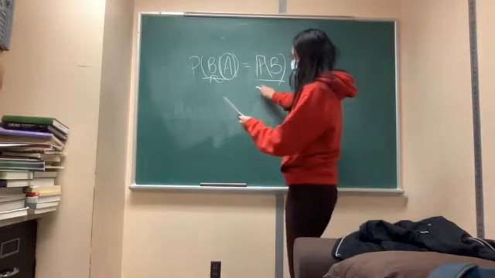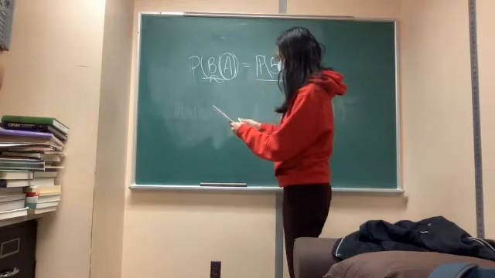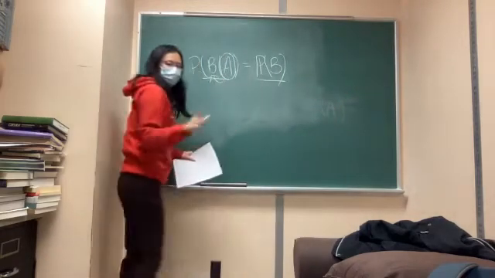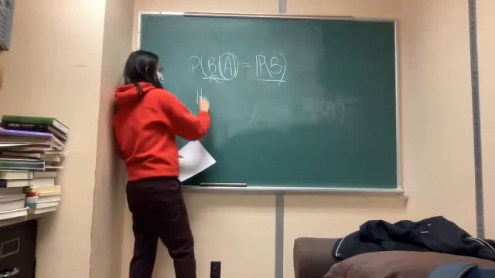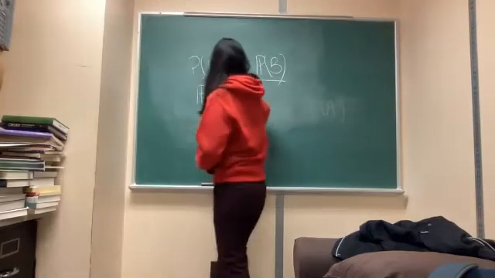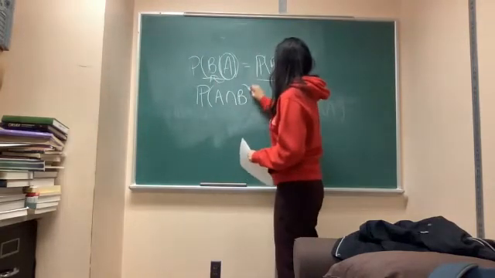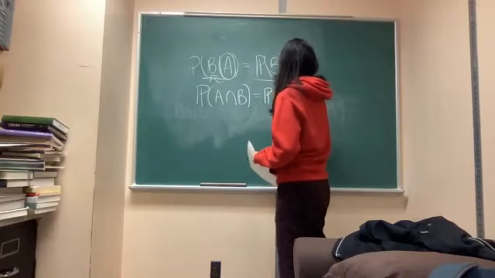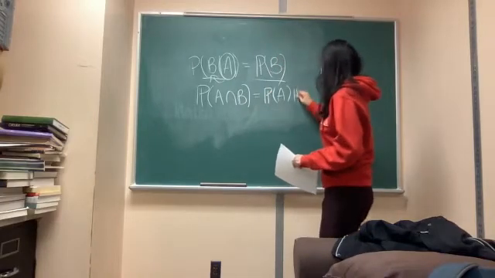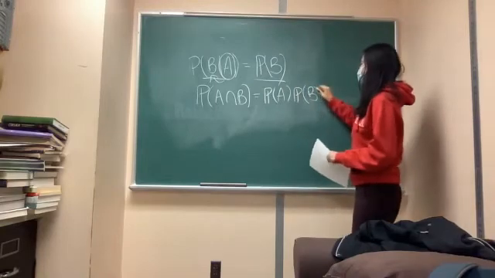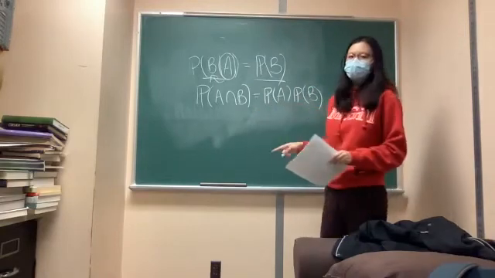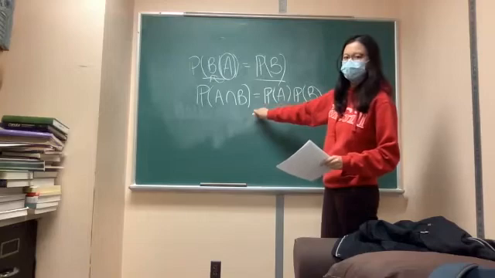Something I wanted to discuss really quickly is that a lot of people have probably seen that you take the probability of A intersection B equals the probability of A times the probability of B. This means that it's independent. But where does this formula come from?